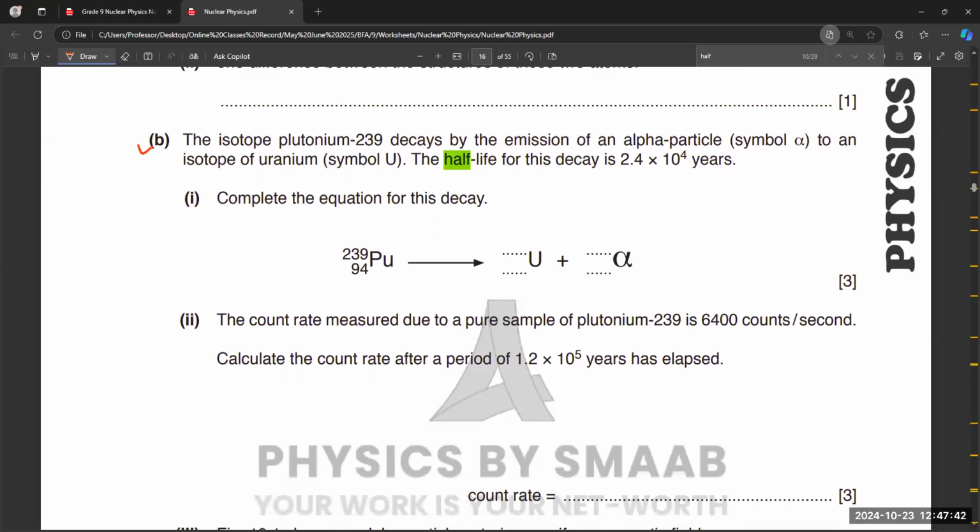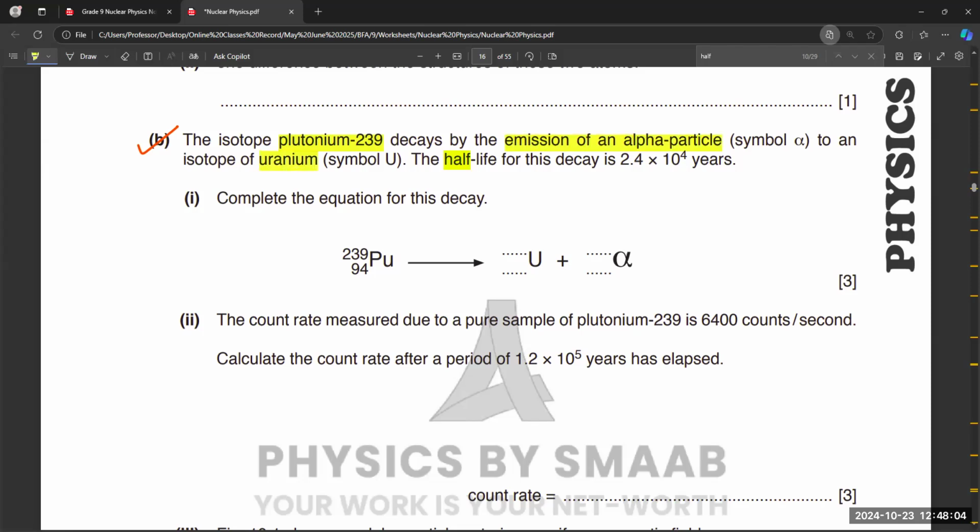Okay, in this question, the isotope plutonium decays by the emission of alpha particles. Sometimes they also confuse half-life with the radioactive decay. So we have plutonium 239 decays by the emission of an alpha particle to an isotope of uranium.